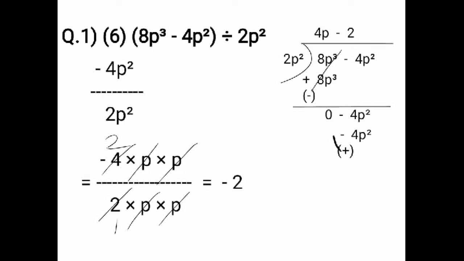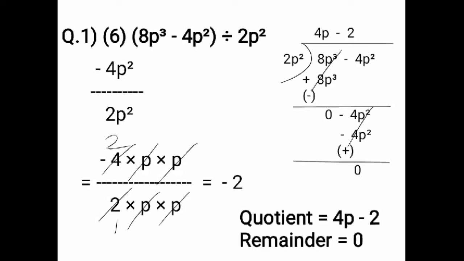Plus into minus is minus. 4p square minus 4p square, you are getting the answer 0. First you cancel it and then write 0. The remainder is 0. Now you have to write the quotient and remainder. Quotient is equal to 4p minus 2. Remainder is equal to 0.